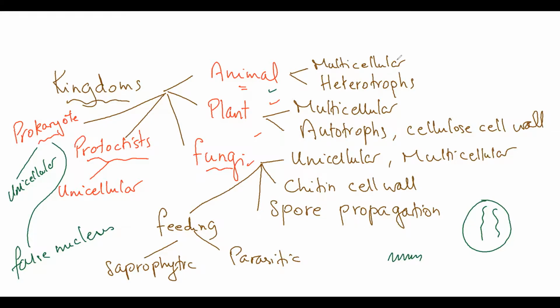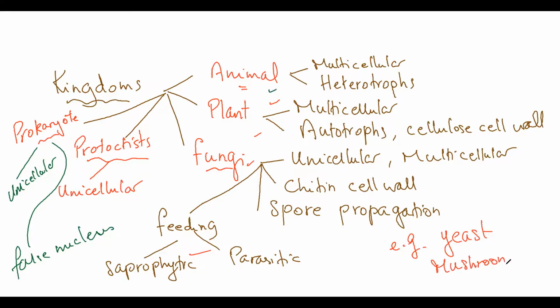The cell wall is made of chitin, and they reproduce by spores, and this is the way they feed. Only the examples: we have unicellular fungi like yeast and multicellular like mushroom, or the toadstools, of course, and the difference between them is mushrooms can be eaten, but the toadstools are poisonous. We cannot eat them.